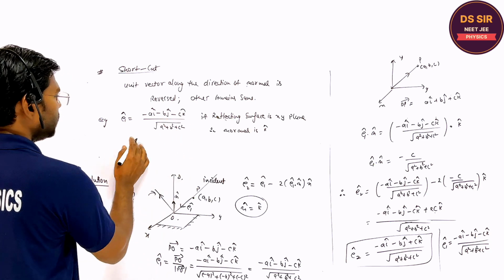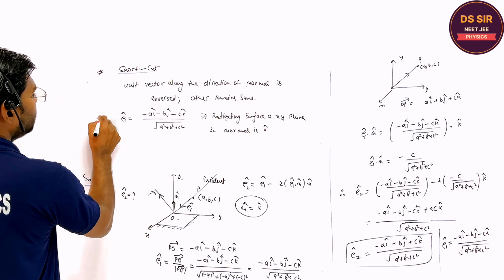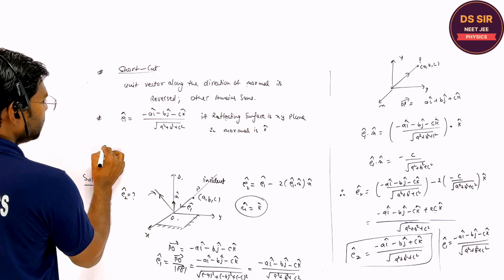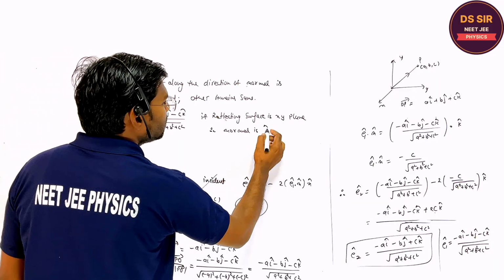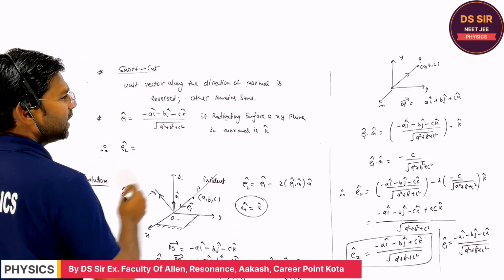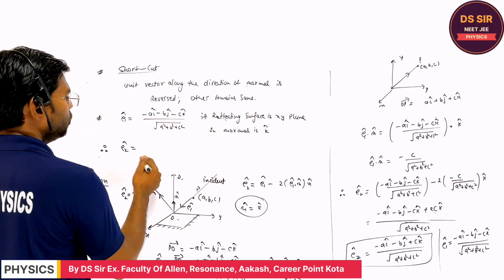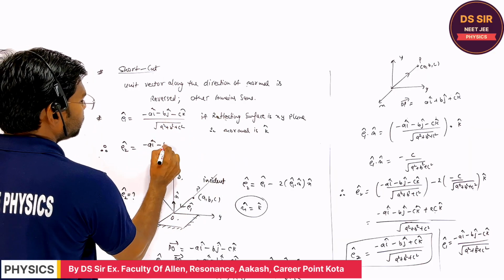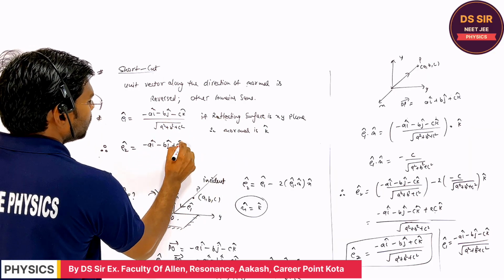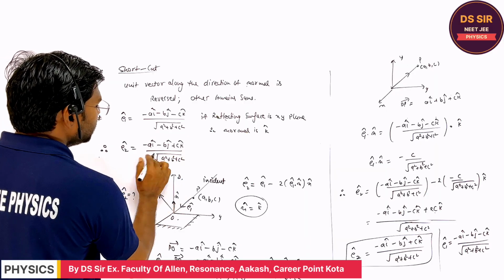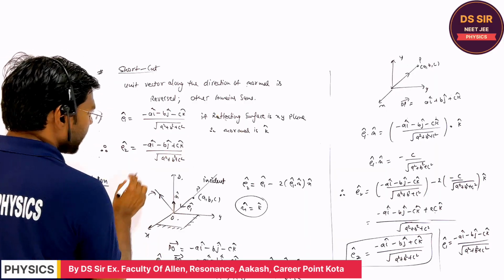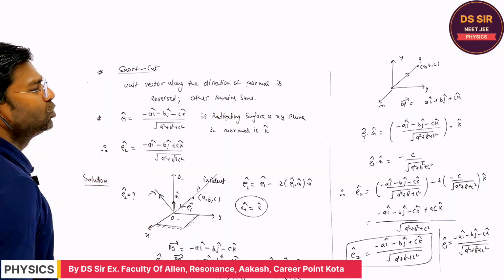Therefore, if you want to write the reflected unit vector, only the sign of the k cap is reversed, and you can directly write ai minus bj plus ck cap upon root over a square plus b square plus c square. But the condition is that you must have the incident unit vector.